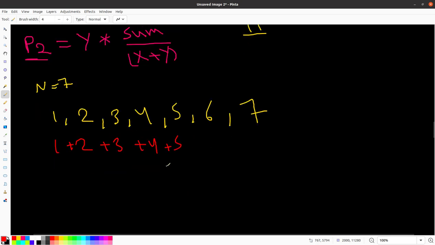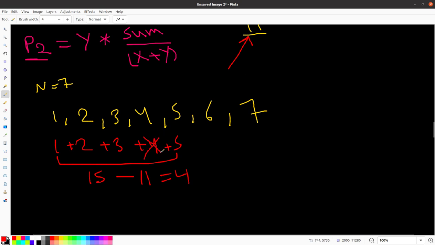So we add all these numbers to the set, but we need to remove one of these numbers to make the answer 11. The number we will remove is 15 minus 11, which equals 4.